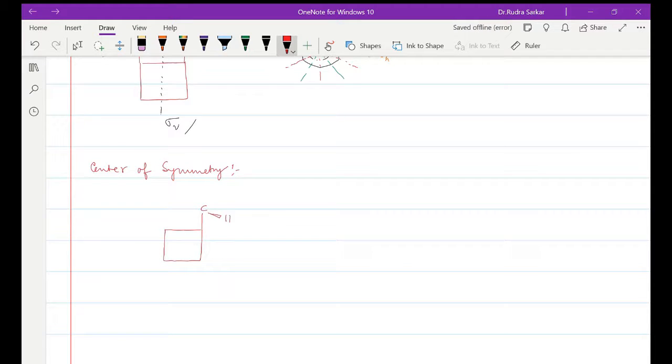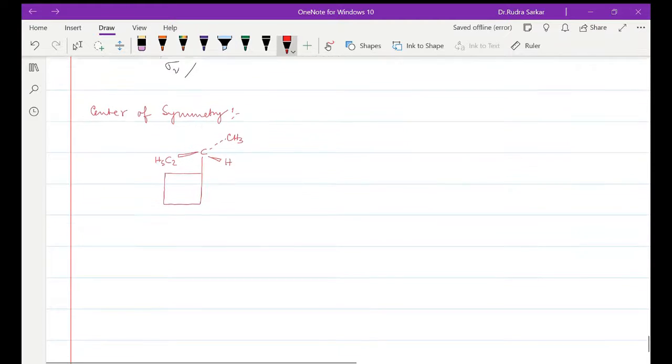Here is the hydrogen, this is the CH3, and there is a C2H5 oriented like this.